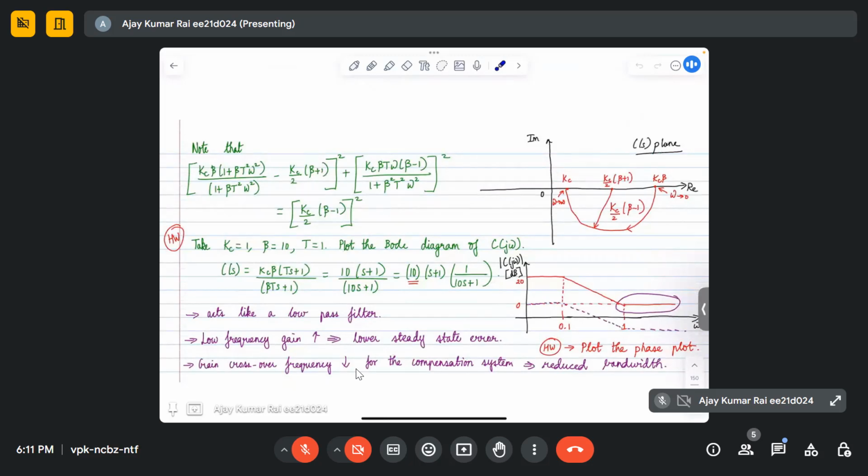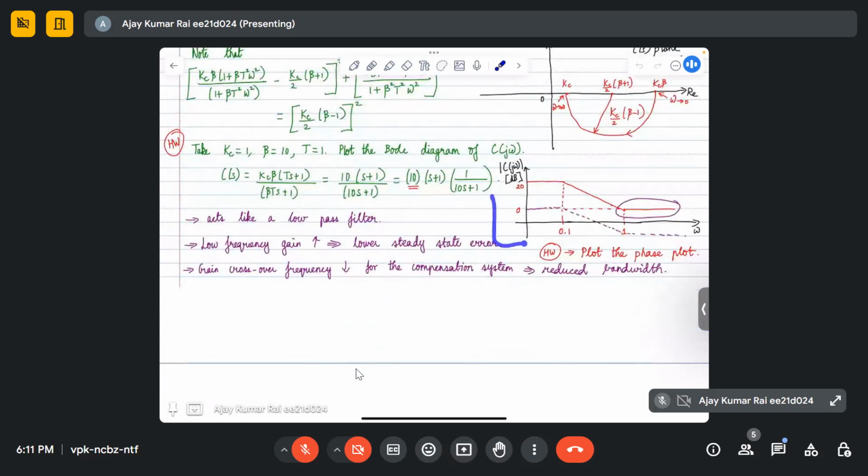Correspondingly, here is shown the Nyquist plot of the lag compensator and the Bode plot. We have to focus on this high frequency region. You can see it is attenuating the high frequency region magnitude, right?